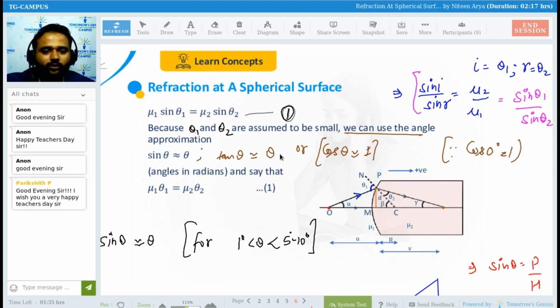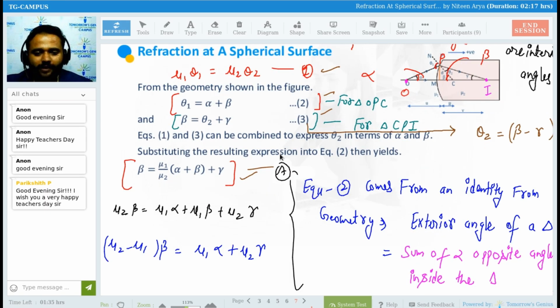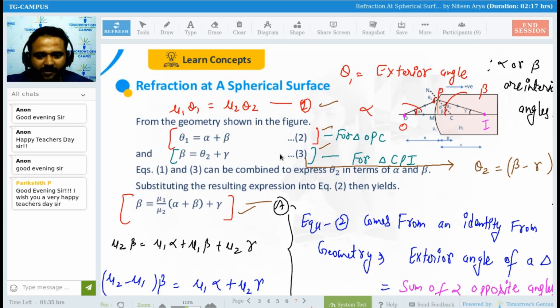So when we do this, sin theta tends to be theta. So this Snell's law, equation A on this page, is converted into equation 1, that is mu1 theta1 equals mu2 theta2. Equation 1. Now moving ahead, we rewrite with the help of geometry.